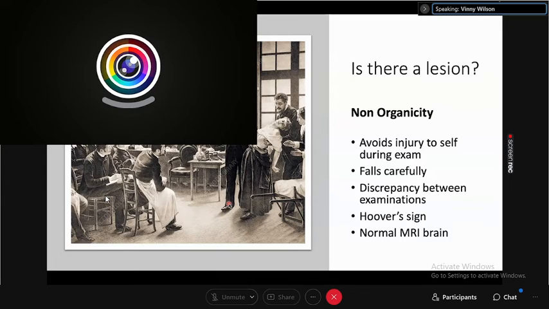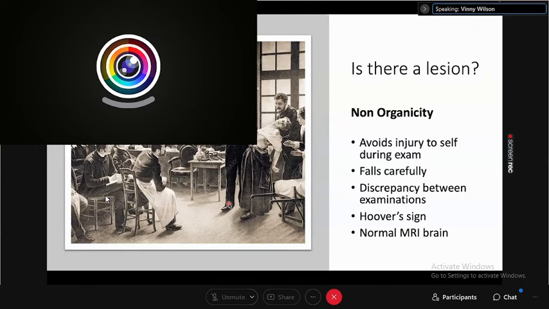And finally, one should always err on the side of caution, and even when you suspect that there is nonorganicity, and even if there is the slightest doubt as to the presence of organicity, one must do an MRI. And if the MRI is normal, then again that is a clue to a possible non-organicity. But mind you, a normal MRI can be there in many organic conditions causing hemiparesis.